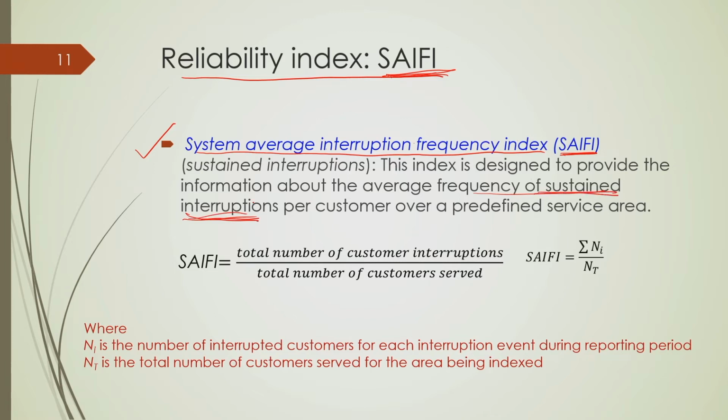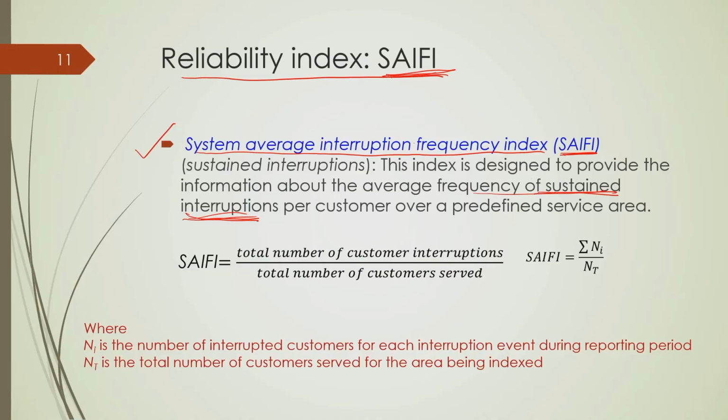There are three categories of reliability indices: one for sustained interruption, one for momentary interruption, and another for load or energy related activity. This index is in the category of sustained interruptions, and it gives the frequency of the interruption.